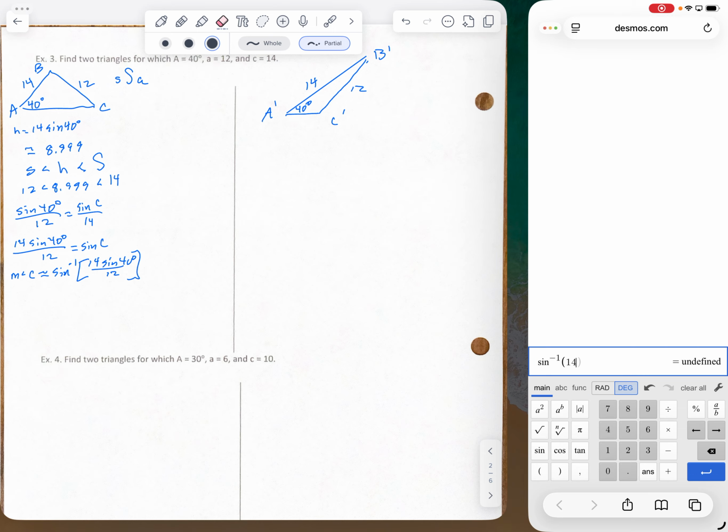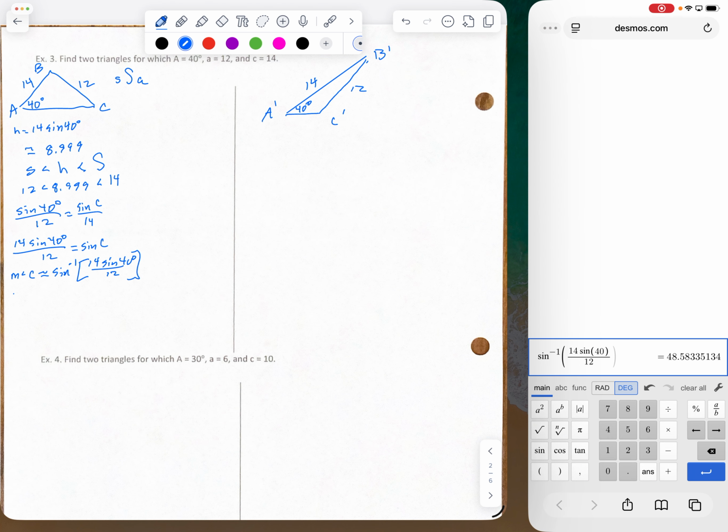When there are 2 triangles, find the only angle you can find. Then use the supplement for the second triangle.